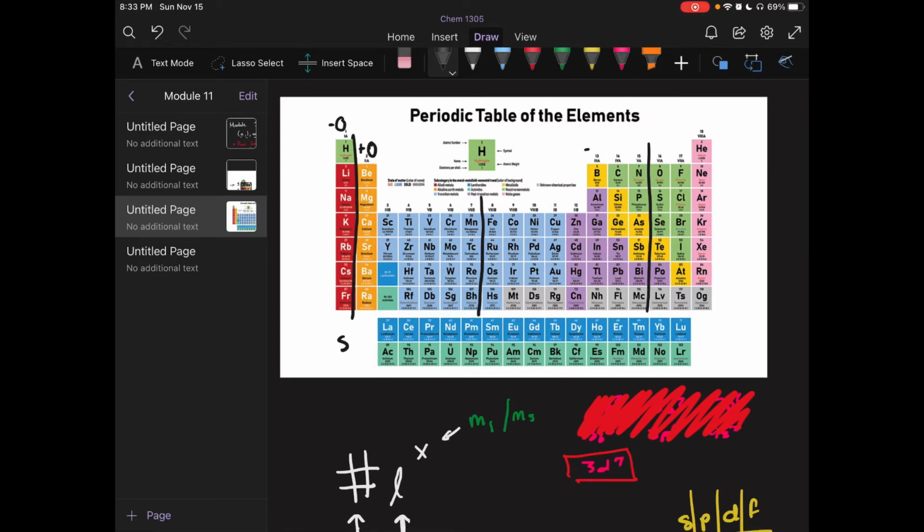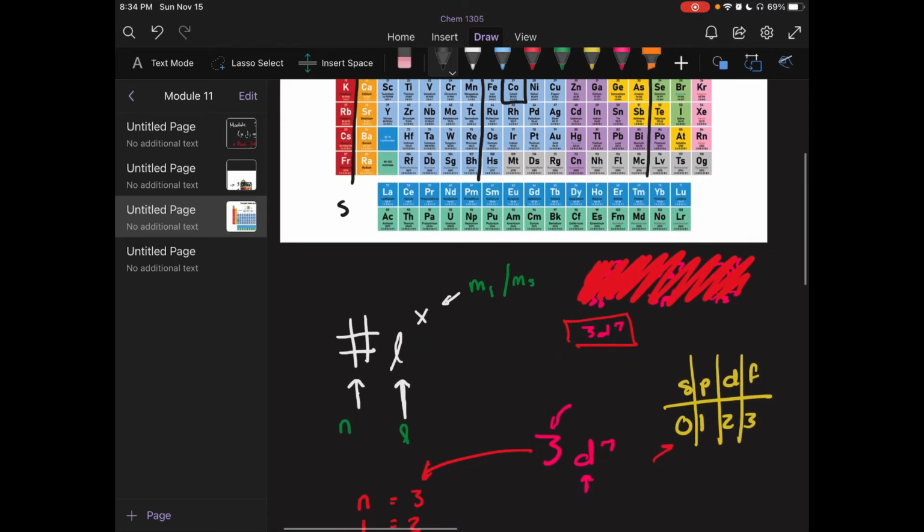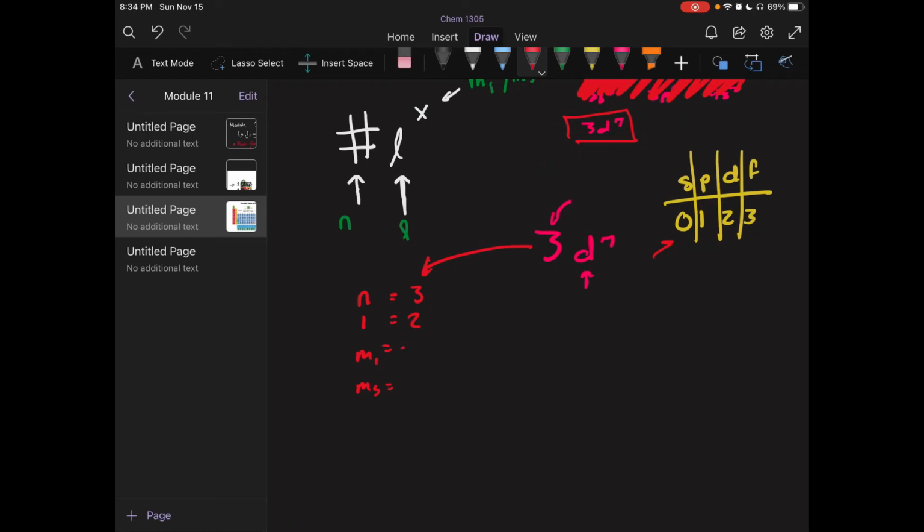Here it goes from negative 1, 0, positive 1, and then repeats negative 1, 0, positive 1. Same thing here: negative 2, negative 1, 0, 1, 2, negative 2, negative 1, 0, 1, 2. And so we can see that cobalt falls within that negative 1 orbital. That's what we're going to put for ml.